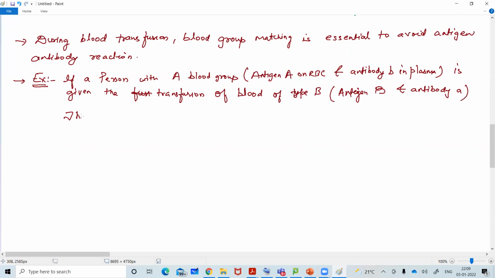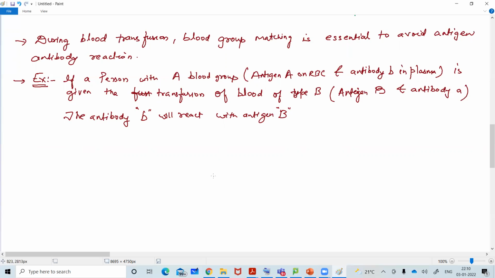So you can say that the antibody b will react with antigen capital B. Small b is antibody, capital B is the antigen.